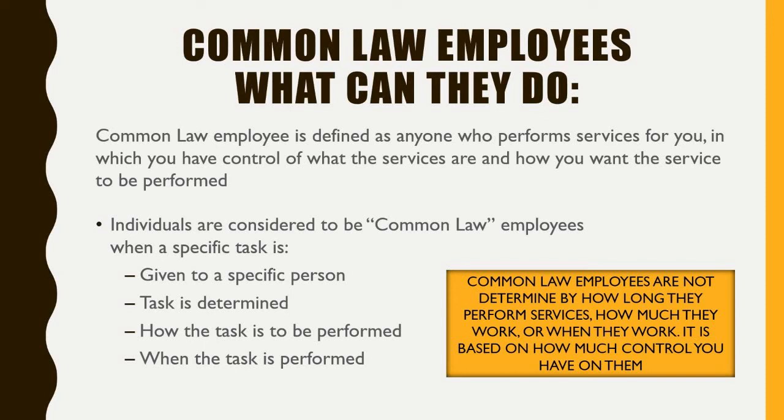In order for you to determine what a common law employee does: a common law employee is a regular worker, and that means the boss has full control over what this employee does. Okay? So that means the tasks that they do, the job that is required, and when they have to come in is also a requirement.